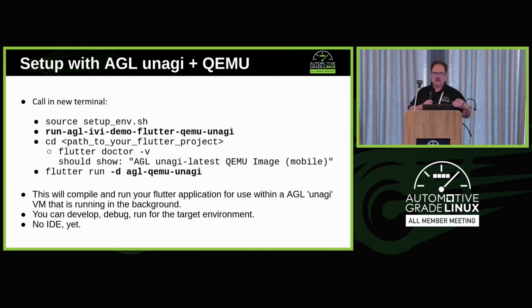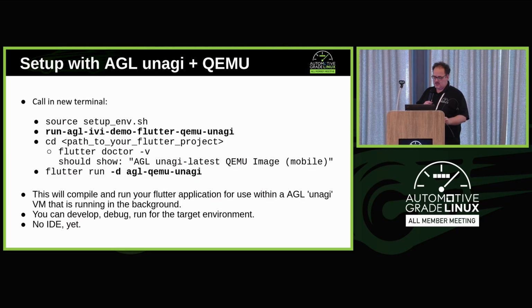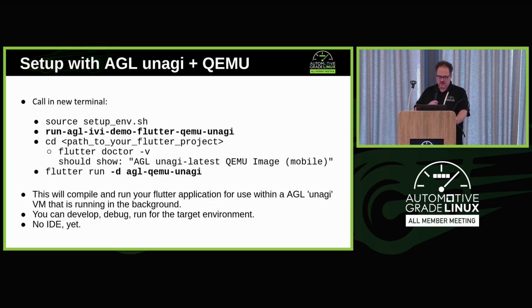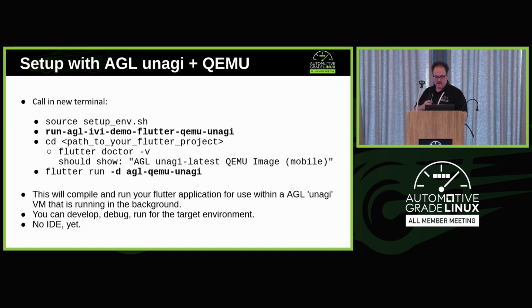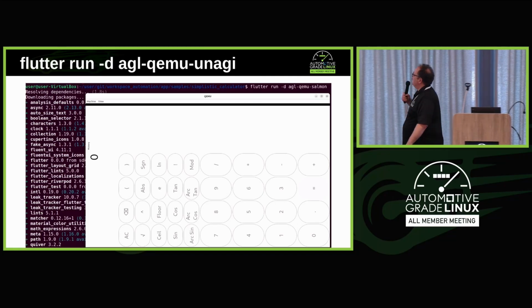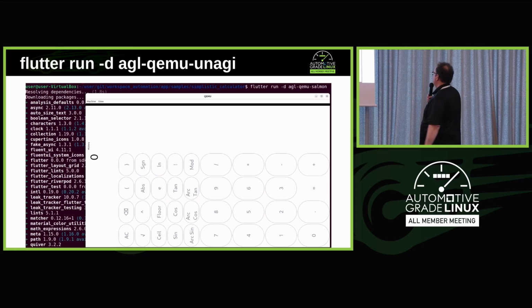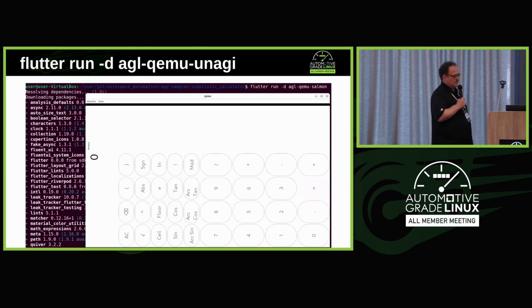Now this will compile your Flutter application for use within the Unagi image. It will then copy it into the running virtual machine. And you can essentially develop against a virtualized target environment. This example we see here, you can see, well, it shifted by 90 degrees. We are running within QEMU. So this is now closer to the target environment.